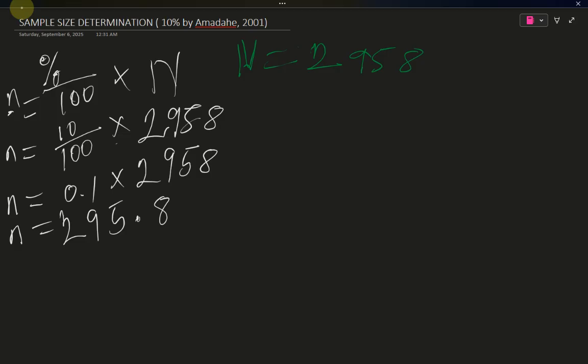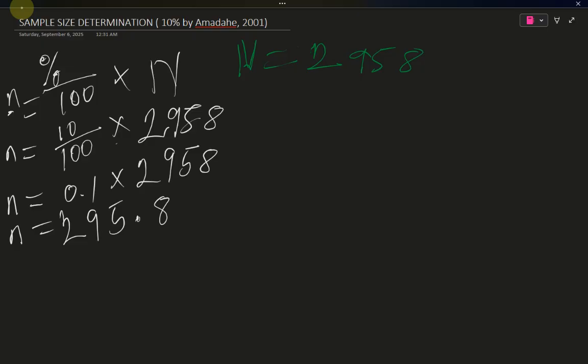So if we are rounding it to the nearest whole number, the nearest whole number here is 295. Then if this is more than 5, we increase the last number by 1. So in this case it will be 6, because this is 8.